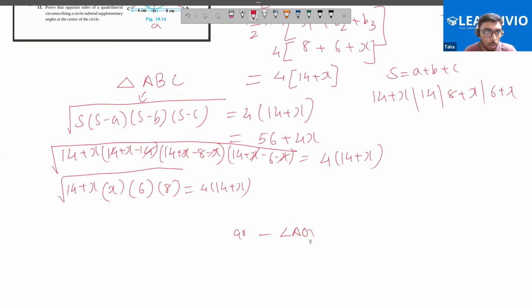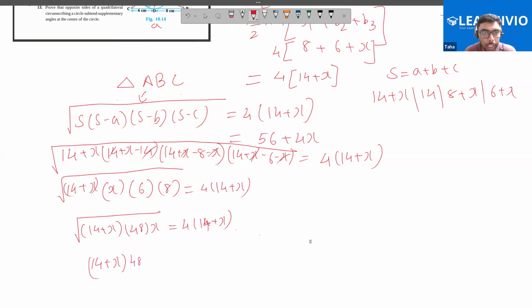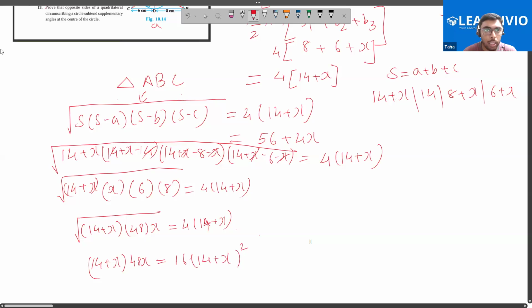Now over here, this would be 14 plus X into 48X is equal to 4 into 14 plus X. Now we can square on both sides since there is no further simplification that we can do. So this would be 14 plus X into 48X is equal to 16 into 14 plus X whole squared, right?